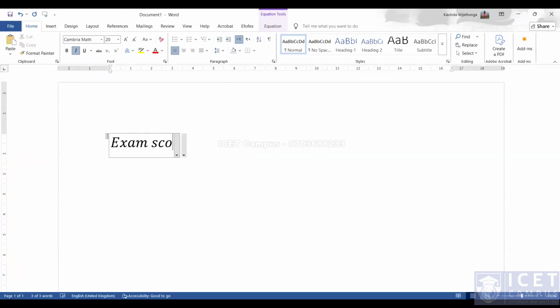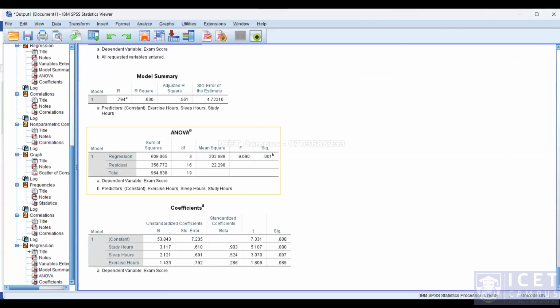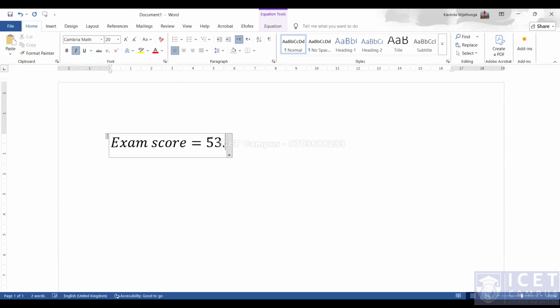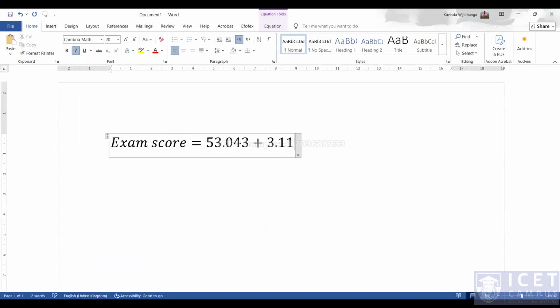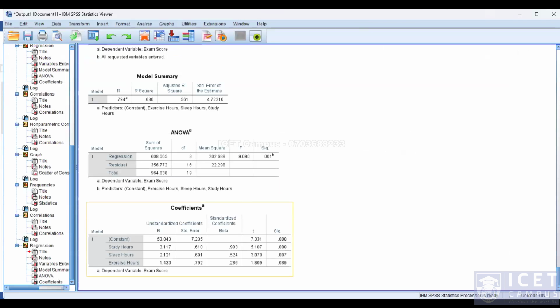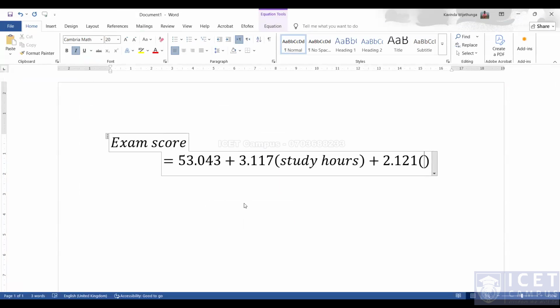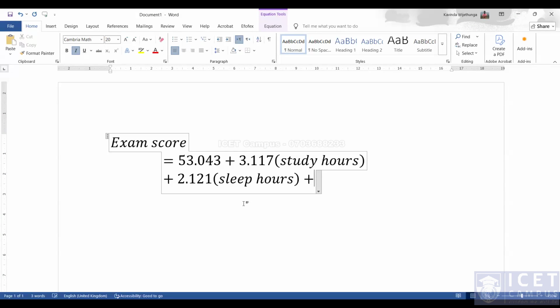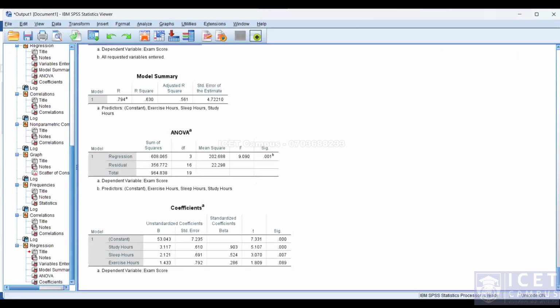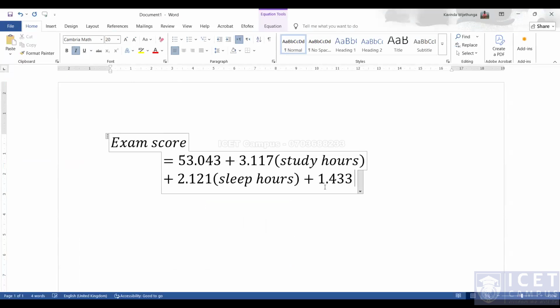Therefore, exam score equals constant, which is 53.043, plus study hours, the gradient is 3.117, 3.117 times study hours, plus the other one is 2.121 times sleep hours, plus the last one is 1.433 times exercise hours.